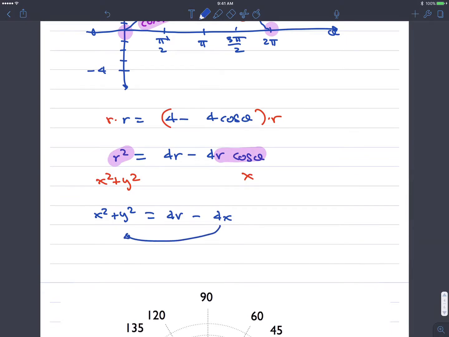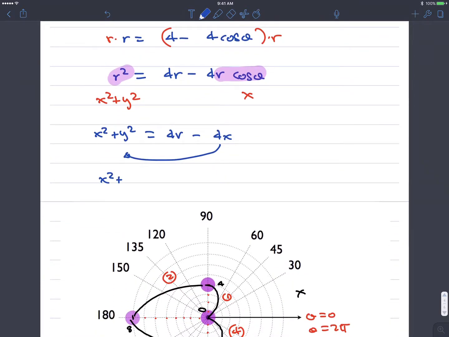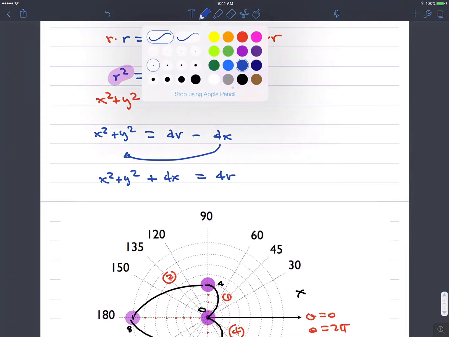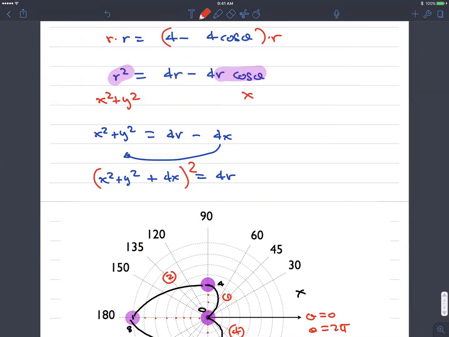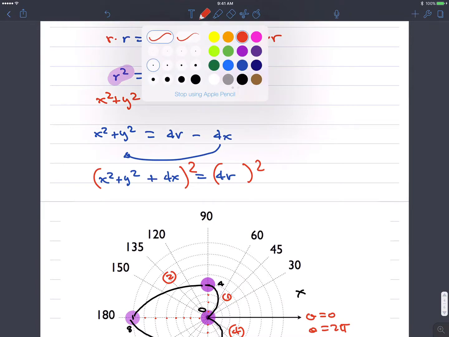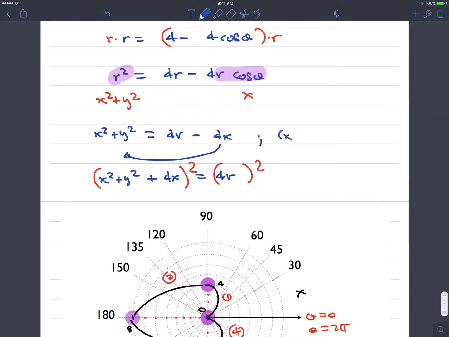Translate your terms. x squared plus y squared plus 4x is 4r. And then I'll say to you guys, what do you do to both sides? You square that, and what happens now? Oops, we forgot a big portion of this. I'll put it up here. x squared plus y squared plus 4x, everything squared, is 16r squared.